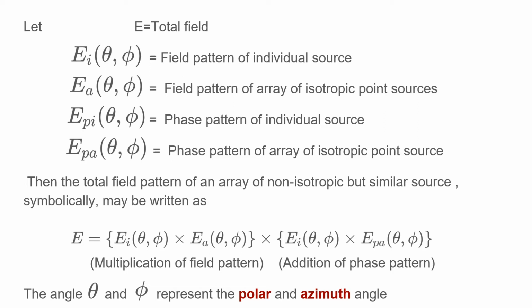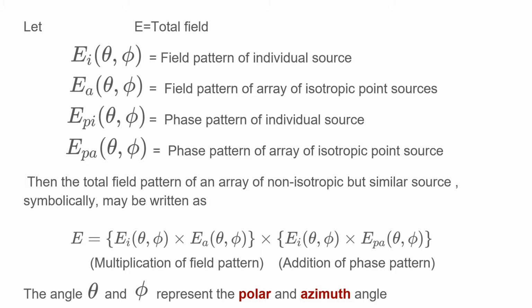For the phase pattern, the total is EPI of theta comma phi plus EPA of theta comma phi, where I indicates the individual source and A indicates the array of point sources. So EPI of theta comma phi is the phase pattern of the individual source and EPA of theta comma phi is the phase pattern of the array of isotropic point sources.